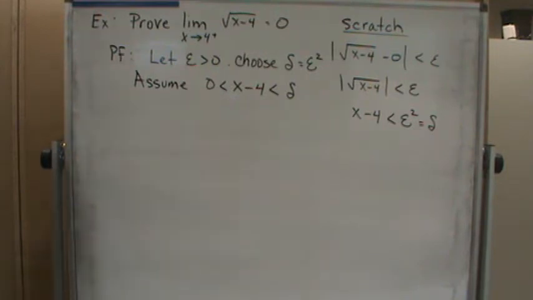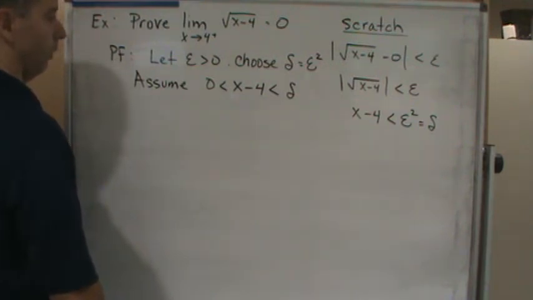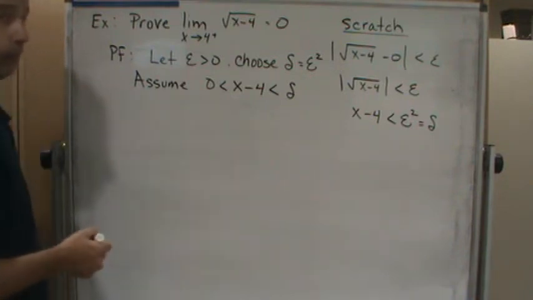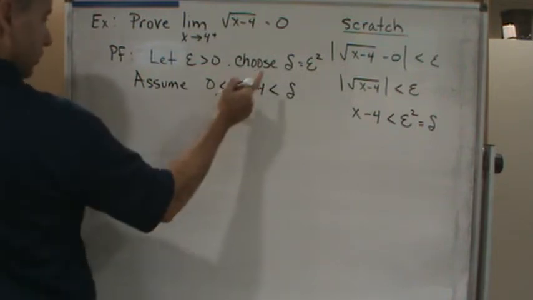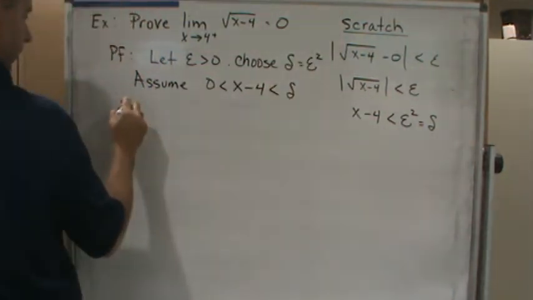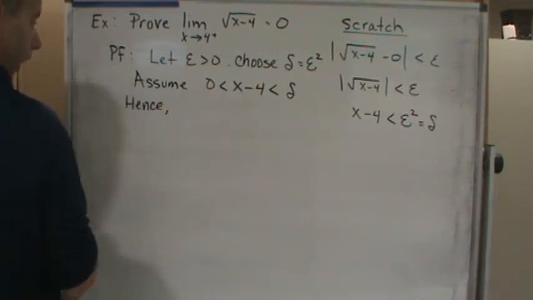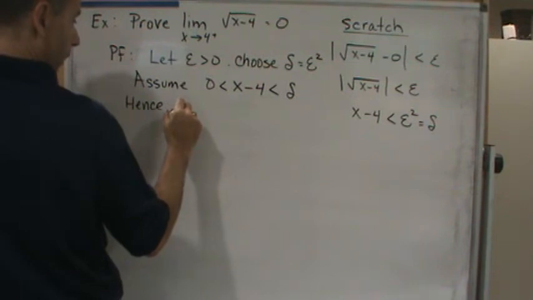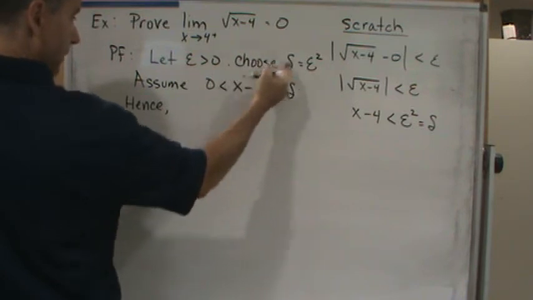And so now, what are we going to do? So now we just basically go backwards, right? So hence, we could drop the 0 here because again, we understand that it's positive.